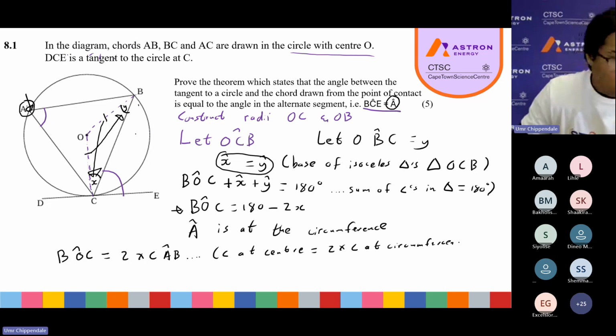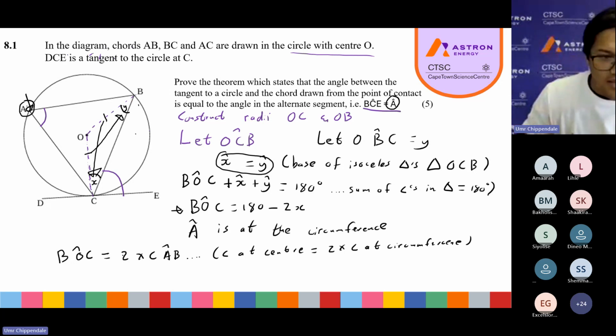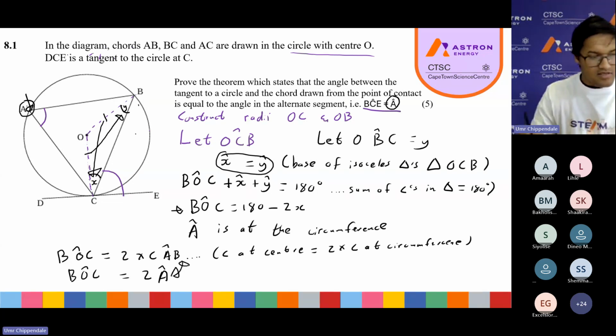Right, now is everyone still following along? So if that is the case, we could also shorten it by saying that BOC is equal to 2 times angle A. Remember this, these two mean the exact same thing.